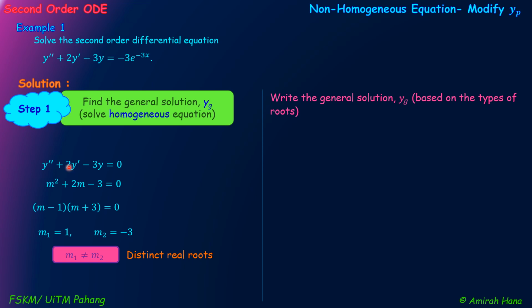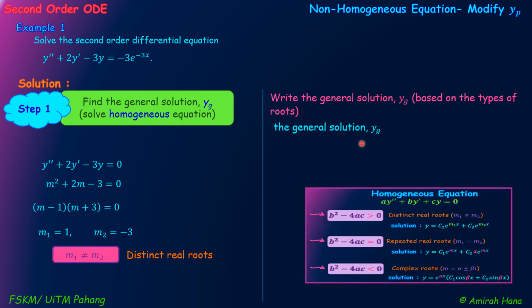Okay, after that, we need to write the general solution YG based on the types of root. So the general solution YG, from here we have distinct real roots. So we look at this formula.